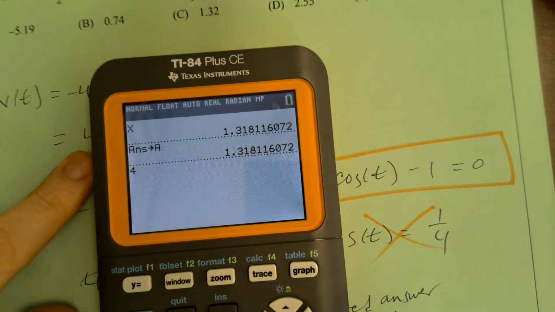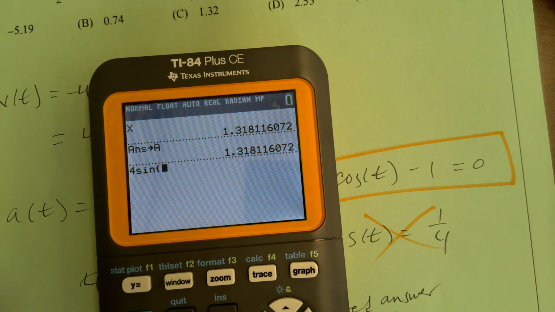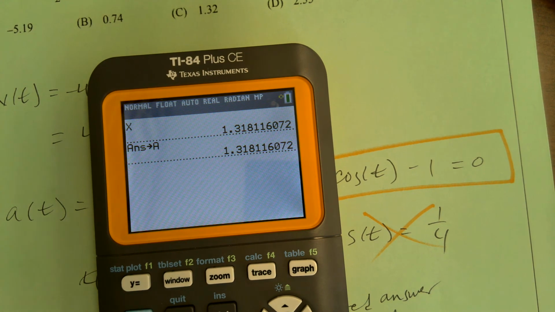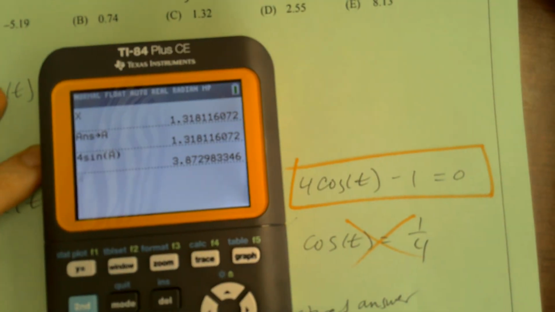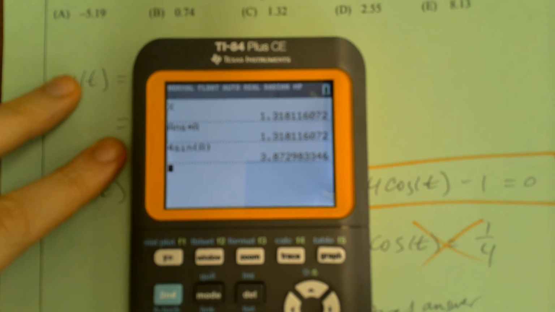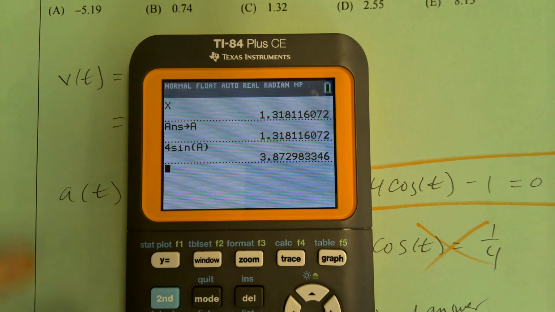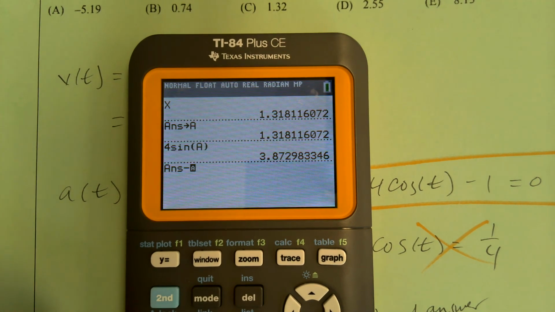So 4 sine of a, minus a. I already got sine of a. This is blurry. And then I'll just go minus a.